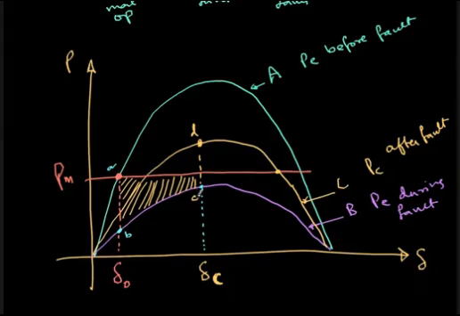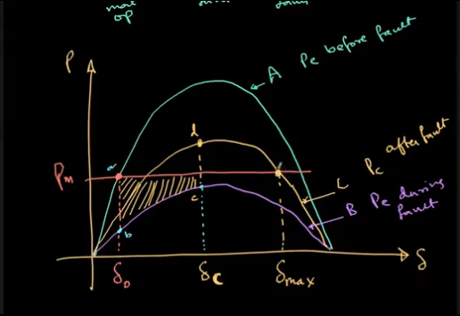But here I have assumed that I clear the fault at the critical clearing angle. So therefore, this C is here such that I go all the way up to delta max here. Now this delta max is on line C.